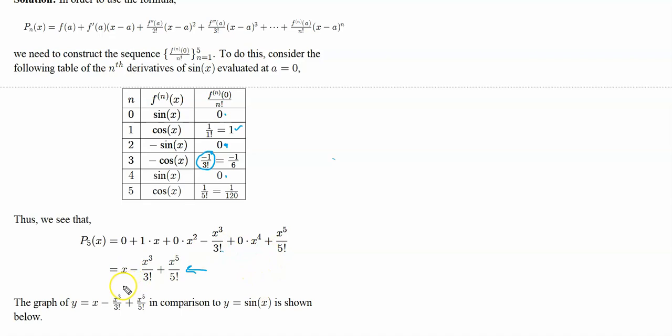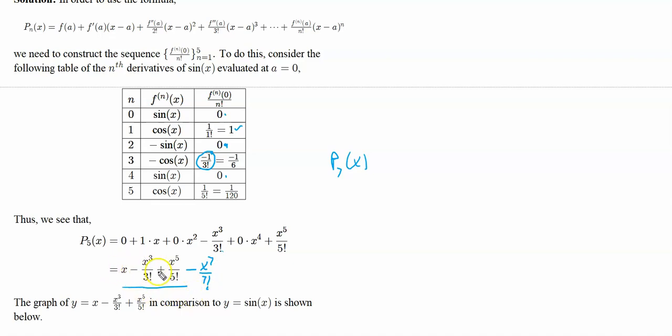And now you can see a very nice pattern from this. What would the 7th degree Taylor polynomial be? Well, P7 of x, all you would have to do is, we'll just put it right down here. If you wanted the 7th degree Taylor polynomial, it would just go minus x to the 7th over 7 factorial. See the pattern?